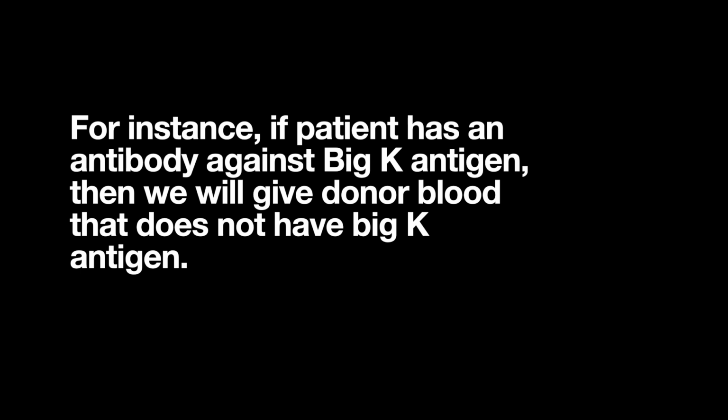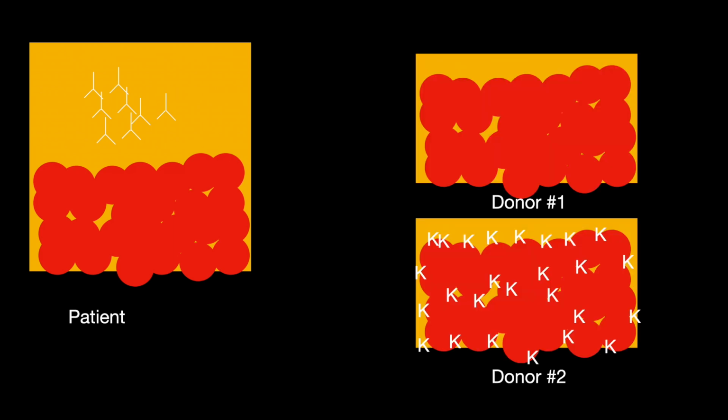For instance, if a patient has an antibody against big K antigen, then we will give donor blood that does not have big K antigen. So this is your patient's blood and plasma. As we found out through the antibody screen and then the antibody panel, they have antibodies against big K. And in the blood bank, you have donor 1 who doesn't have the big K antigen, and donor 2 who does have the big K antigen.